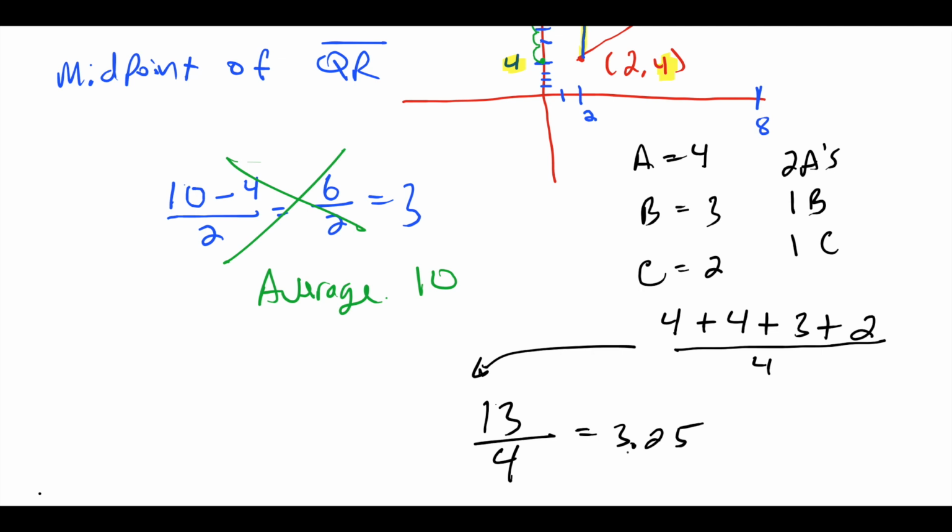And an A minus is a 3.7. Okay. You get that?